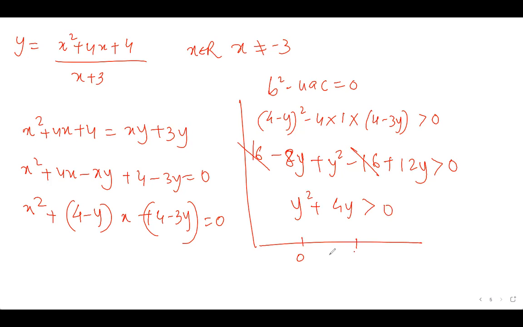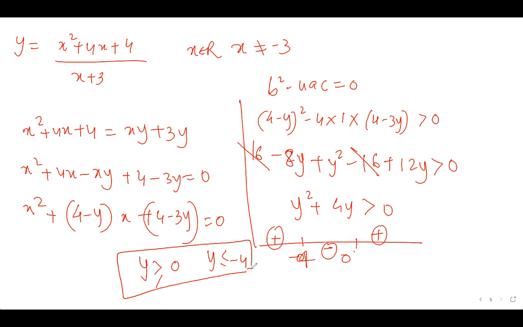So negative 4 here, 0 here. You take positive here, negative in the middle, and positive here. So you can see that y is greater than or equal to 0, or y is less than or equal to negative 4. So this is the range for this function.